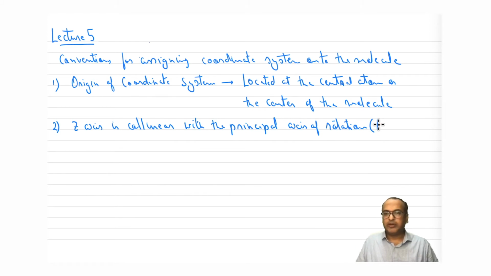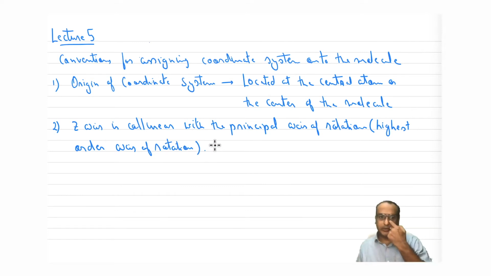What is the principal axis of rotation? Again, to clarify, it is the highest order axis of rotation. For example, if there is one C2 and one C4, then C4 will be the principal axis.